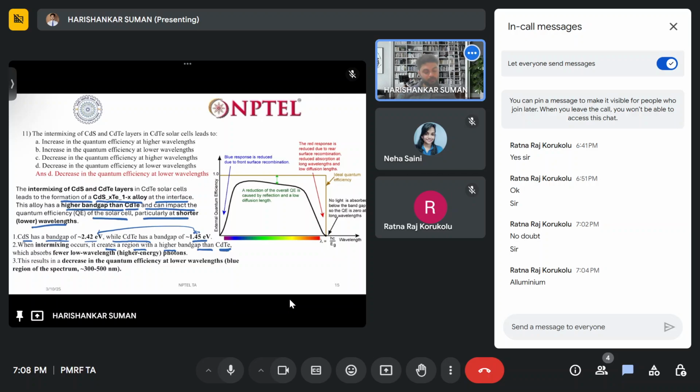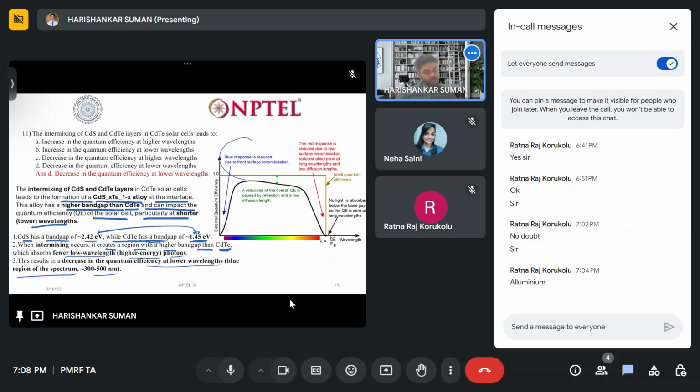then the intermixed material will have a higher bandgap than the lower material, which absorbs fewer low wavelength, higher energy photons. This results in a decrease in quantum efficiency in the lower blue region of the spectrum.